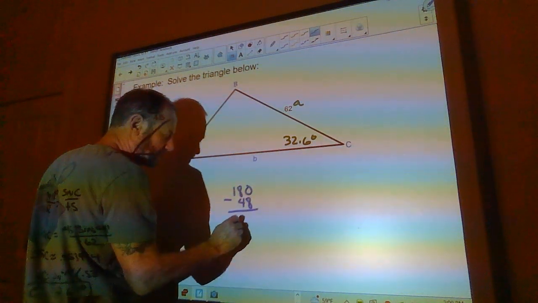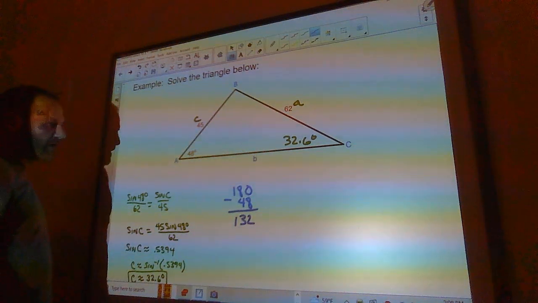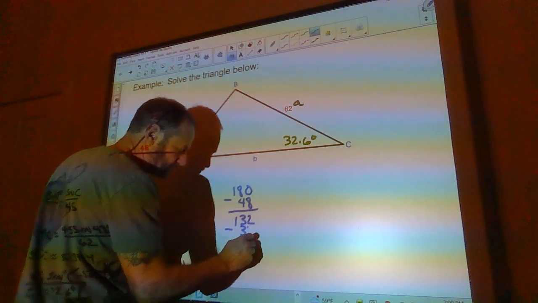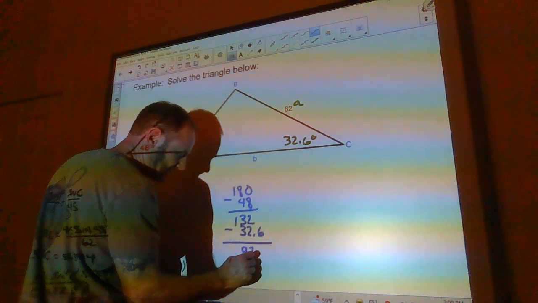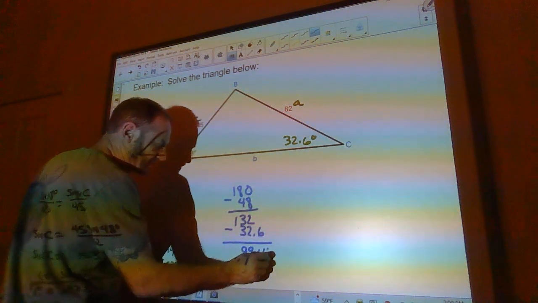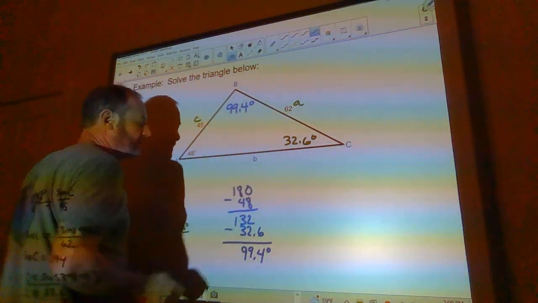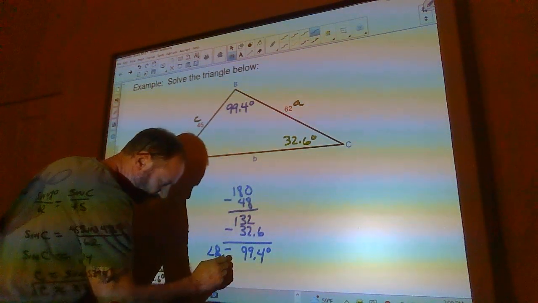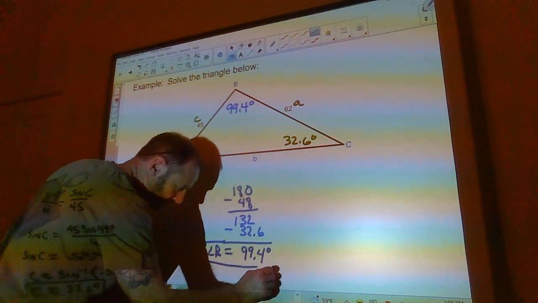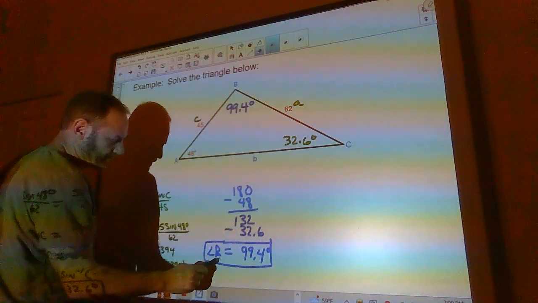That leaves 132 degrees. And then I'm going to subtract 32.6 degrees. So that's going to be 99.4 degrees. Okay, so that's going to be this one right here. So I've found angle B. I'm done with that. That's a terrible B, so let's fix that thing up.